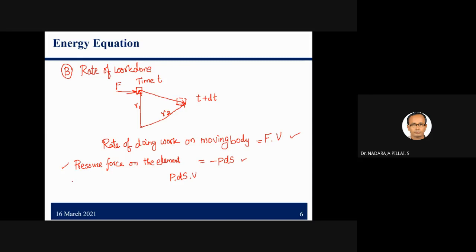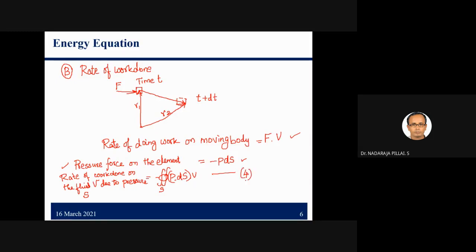Now, if we consider the pressure force, the rate of work done on the fluid volume V due to the pressure force acting on the surface, we can write this as the double integral over the surface S of p dS dot V. Let us write this as equation 4.